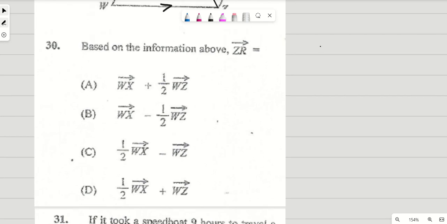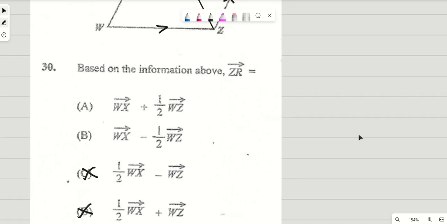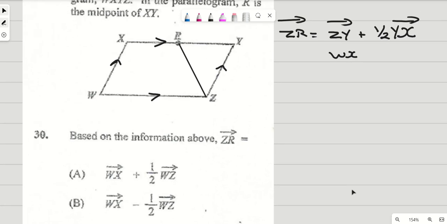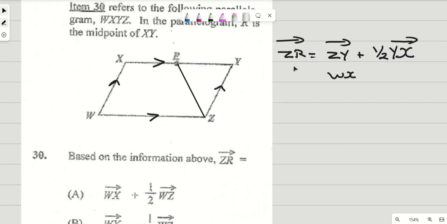WX, so it would not be C or D. So it's either A or B. And because we said that it is going in the opposite direction, this will not be just a half, right? This would be a half by negative YX. No, not YX, XY.